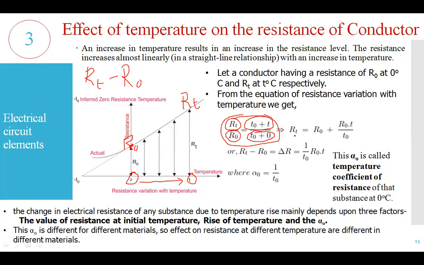If you take the ratio over here, then you will get the value of delta R. Delta R is equal to 1 by T0, R0 into T. So R0 into T indicates that the change in the resistance value is directly proportional to R0, and also directly proportional to the rise in temperature, the final temperature we obtain over here.